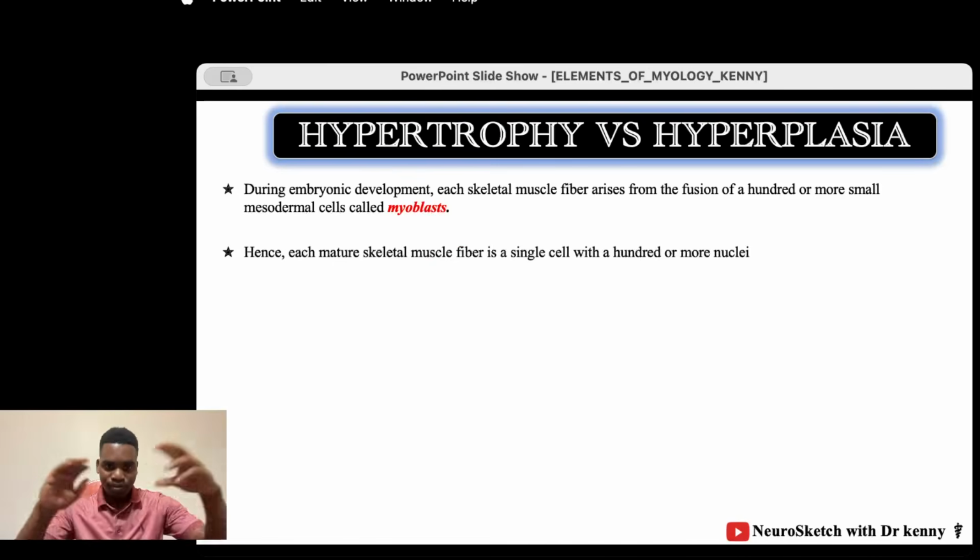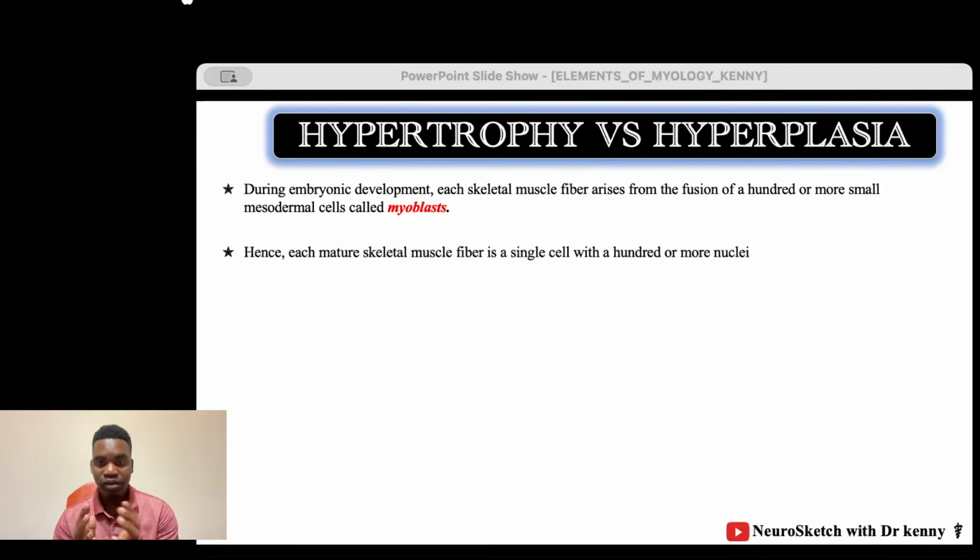This is also why we have seen that skeletal muscle fibers have many nuclei. They have a lot of nuclei because they were formed by different myoblasts that were combined together to form a matured muscle cell. So a myocyte is the matured muscle cell, and the myoblast is the muscle building cell.